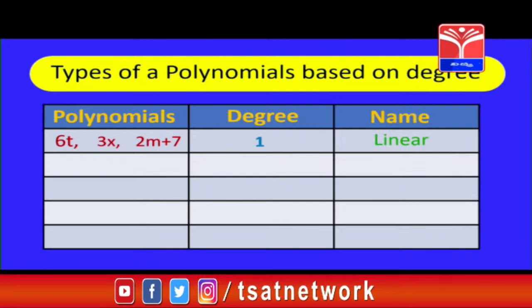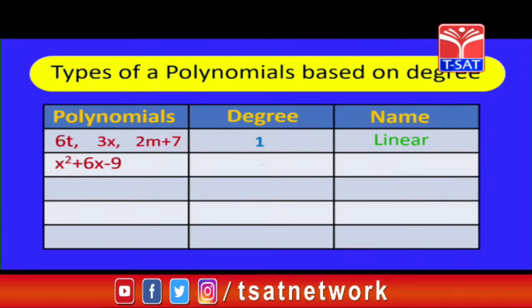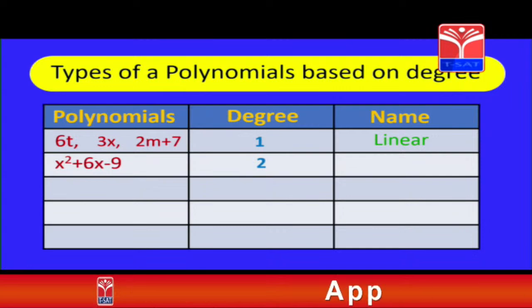Why is it a linear polynomial? The name indicates that when you draw the graph of this polynomial, it represents one straight line. So it is a linear polynomial. Now try to read this and tell me the degree. Okay, this is a second degree polynomial.